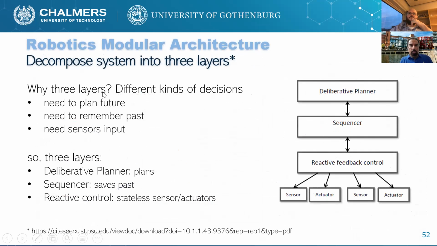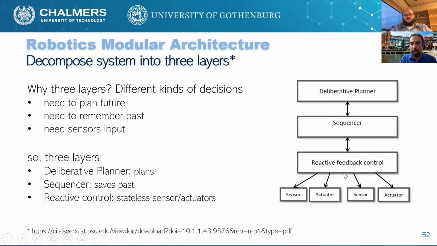Here, we are showing that we can decompose, as we said before, the robot into 3 layers, but different layers. We call it here the deliberative planning layer, which is the layer that has the subsumption. You have a sequencer that remembers where the robot is and what the environment around it is and what the last move was.